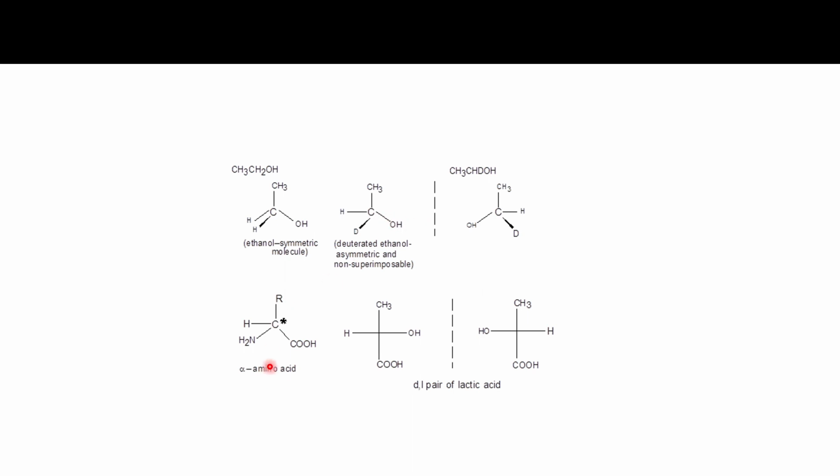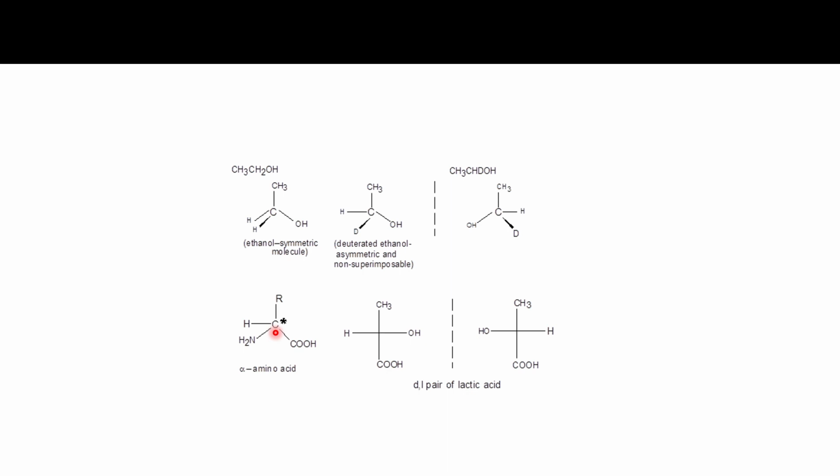Like any amino acid. In the general amino acid, only one amino acid, glycine, where the R is replaced by hydrogen, is not a chiral molecule. But apart from glycine, there is another amino acid where the R is methyl, which is alanine, which has a chiral center.